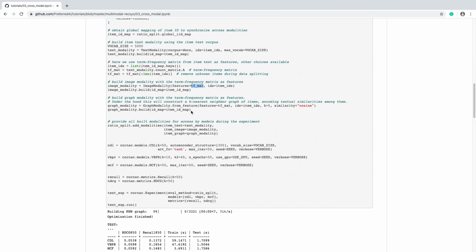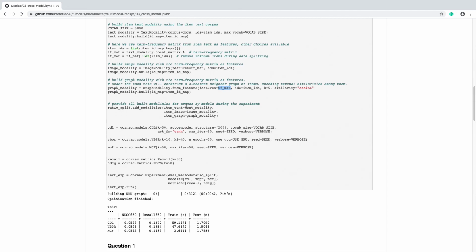What we do is build a k-nearest neighbor graph, again using the textual features, which are represented as vectors. So there is this option of building the graph modality from features. Under the hood, it will be running some model to compute the KNN graph.